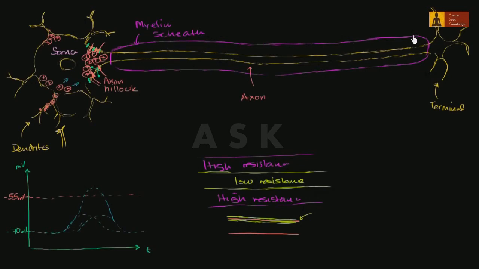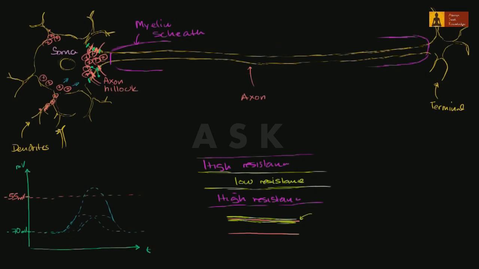So instead of just one big insulating sheath like this, let me make some gaps here. Let me just draw it like this. Let me just erase this, and clear this. That's good enough.